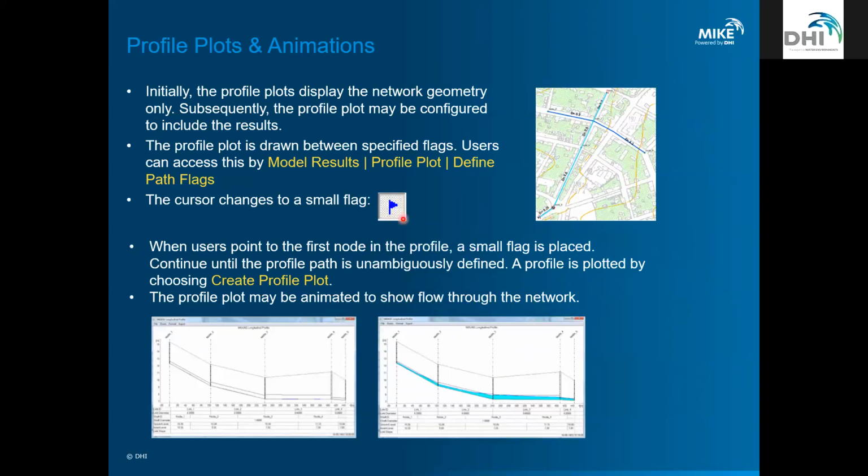You can also access them through model results, profile, plot, and define the path. So what you're going to do is just click on the node where you want it to start, and then click it. You can click multiple times, but the main point is that you need to make sure that the program understands which path you're following. So that's what it means here by make sure it's an unambiguous path.